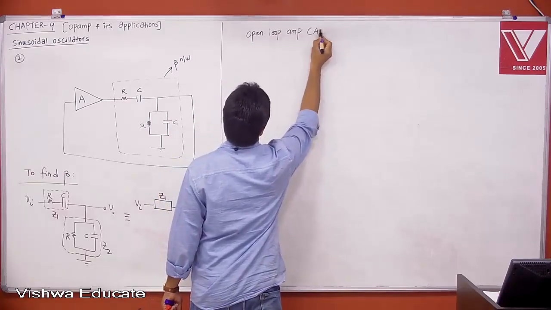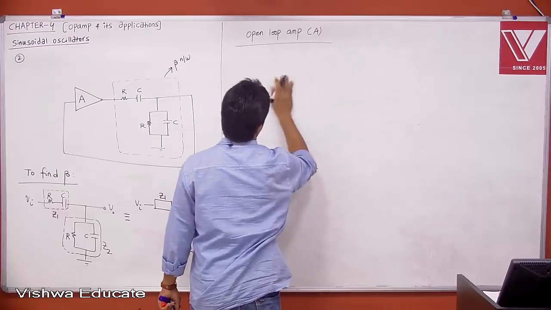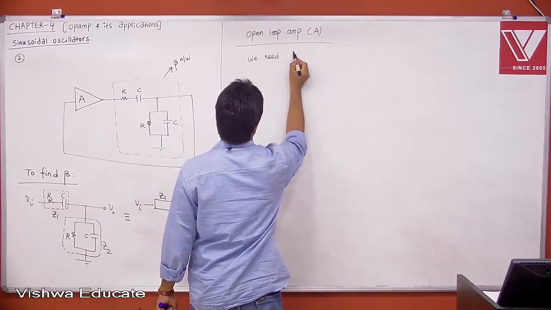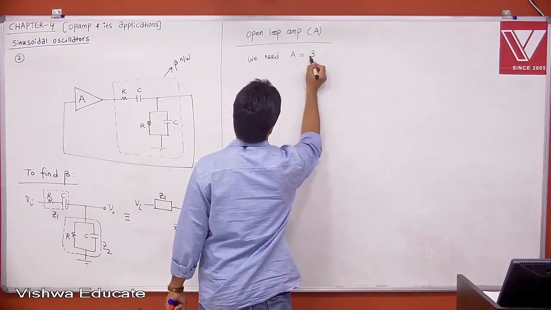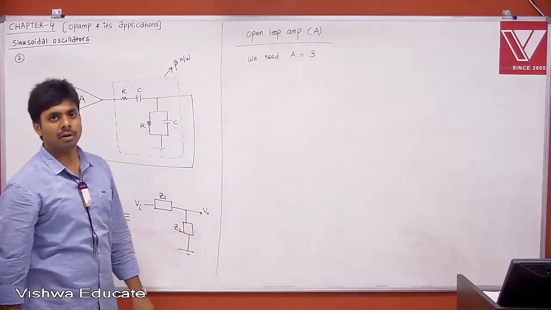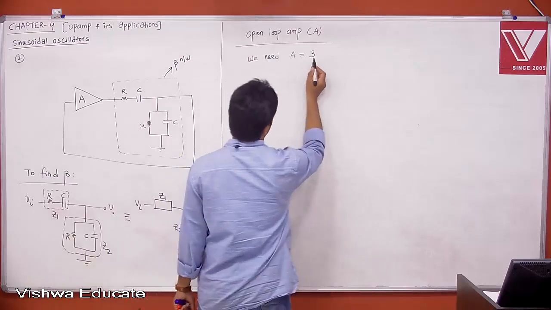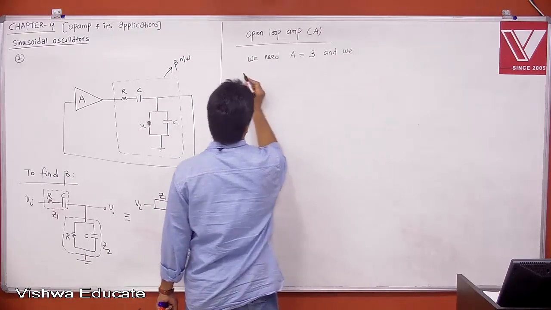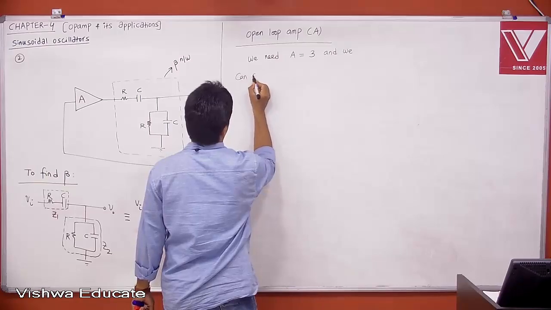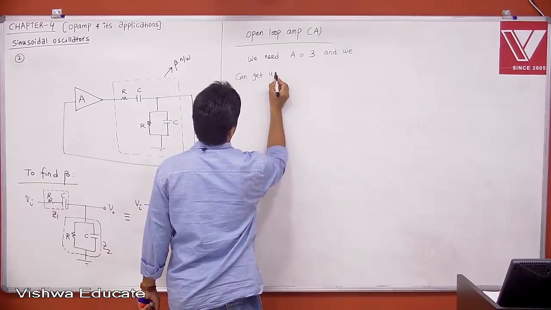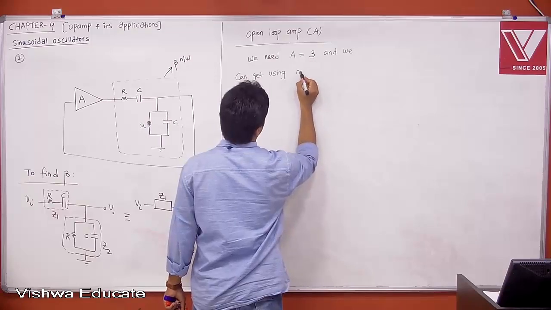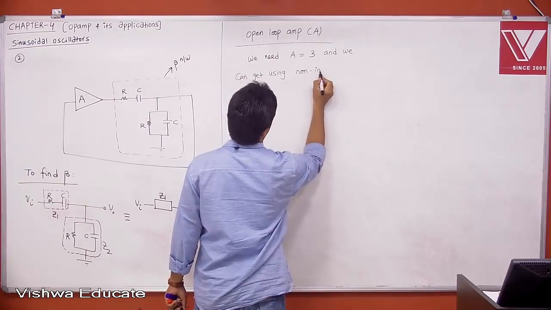What is the open loop amplifier? A. Therefore, what do you need? We need A to be equal to 3, and we can get it using a non-inverting amplifier, because we want phase shift 0.